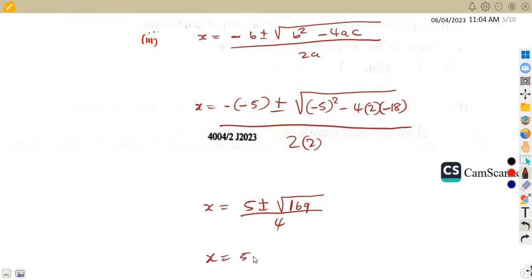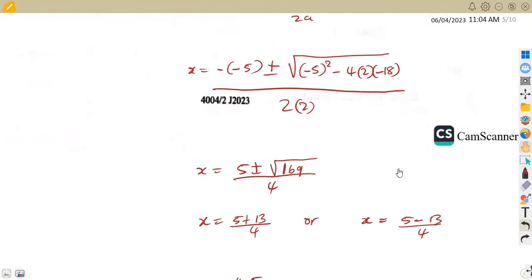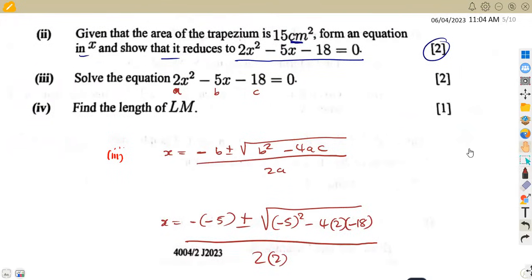So we are going to have 5 plus 13 over 4, or the other part is going to be x is equal to 5 minus 13 over 4. So this part, guys, is your calculator. Use your calculator at once. It can simplify everything. So x here will be 4.5, or our x is going to be -2.